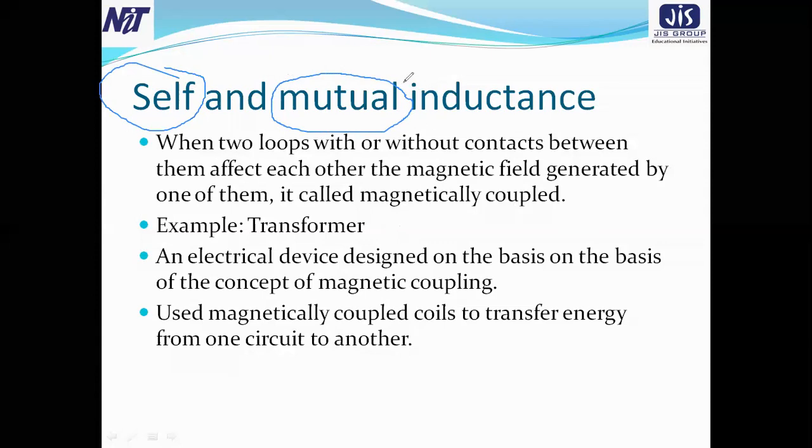So now at first, the self-inductance. When two loops, with or without contacts between them, affect each other, the magnetic field generated by one of them is called magnetically coupled. You can say that this is the definition of a coupled circuit.